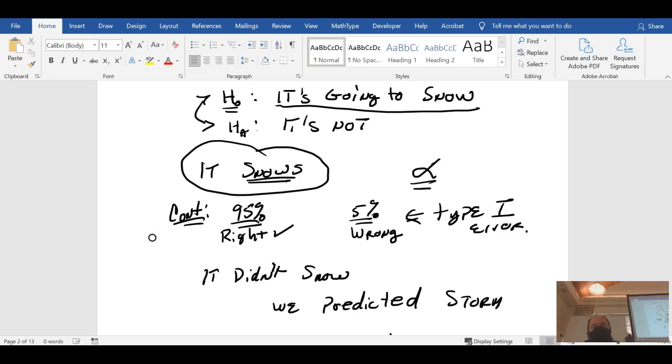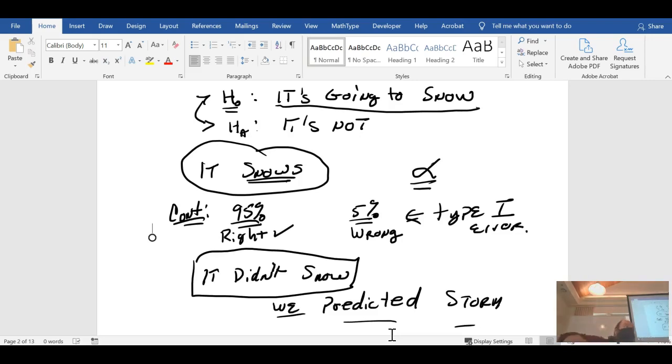Okay? So to have an error, you always get it wrong. Type 1 is that you reject the null when you should have kept it, right? Type 2 is that you kept the null when you should have rejected it.